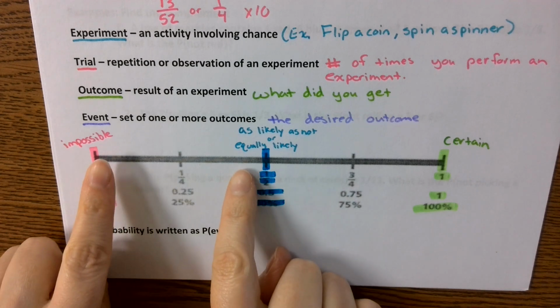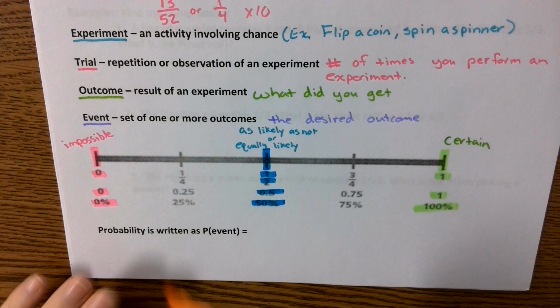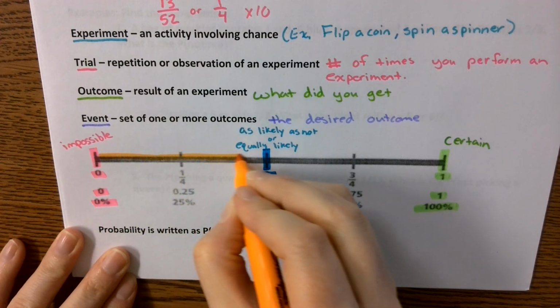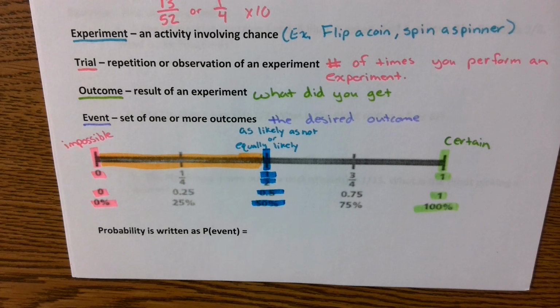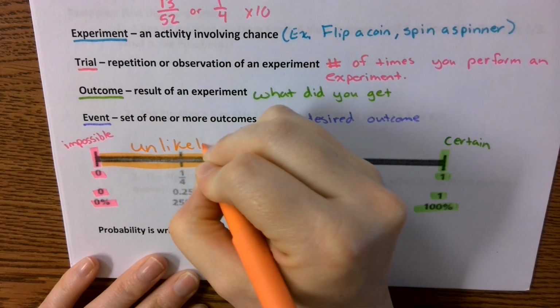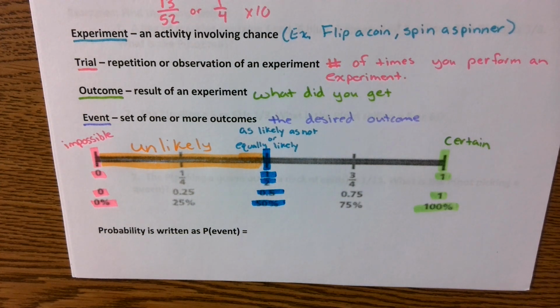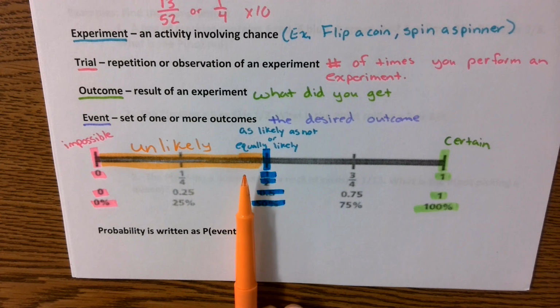So anything in between 0 and 1/2 is called unlikely. So I'm going to highlight those in my orange. Now, even though these have a huge range of what they are called for unlikely, they do have levels of unlikeliness. Starting to the left side, we call those very unlikely, all the way up towards the right where we would call it slightly unlikely.